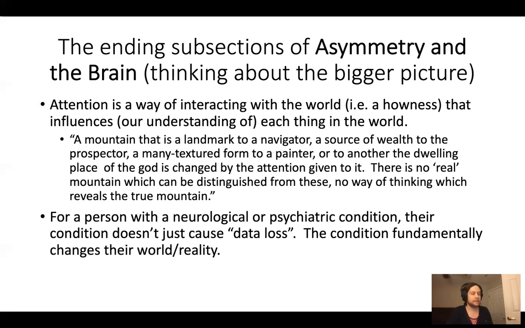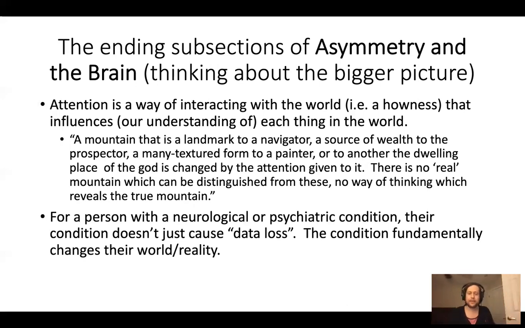He basically says people with schizophrenia get stuck attending to the world one way, whereas people with intact hemispheres can go back and forth between attending in these two different ways pretty easily. But people with schizophrenia, he'll say, get stuck attending to the world in a specific way. So that would be a neurological or psychiatric condition that can fundamentally change what they perceive to be their world.